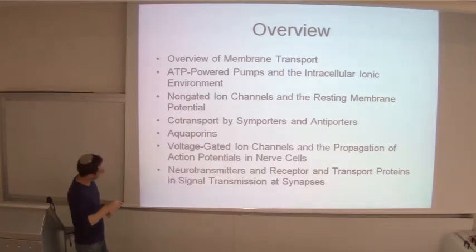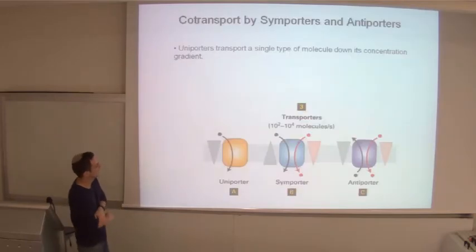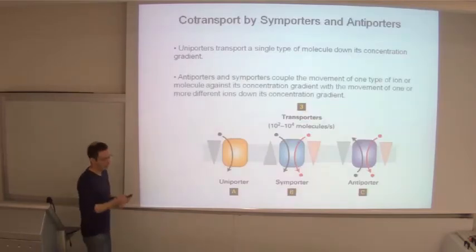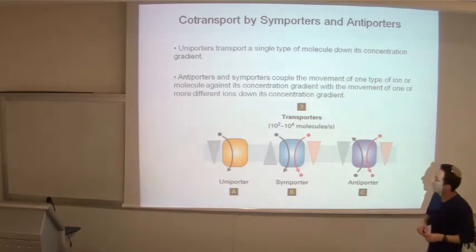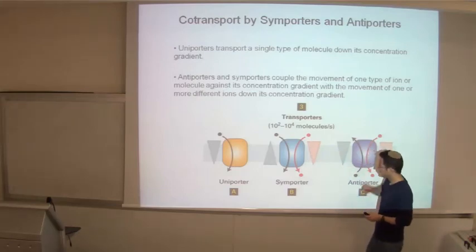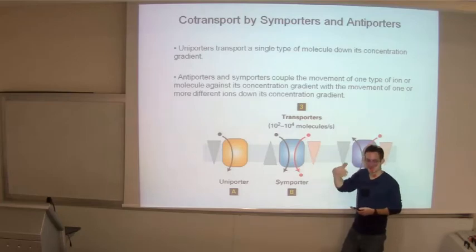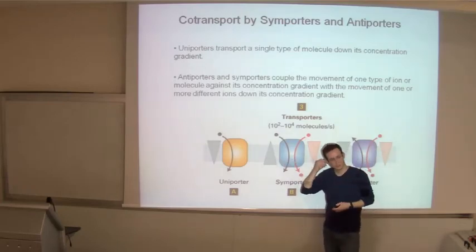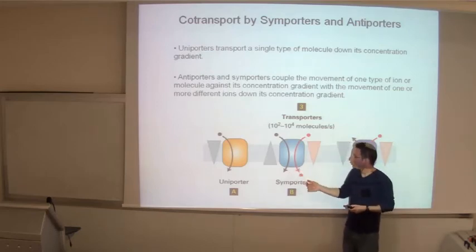Let's start with co-transporters that are either symporters or antiporters. Some transport molecules can transport single molecules, and some of them transport 2 molecules, and always use the energy stored in the downhill movement of 1 ion, downhill in its concentration gradient, coupled to the movement of another ion up its concentration gradient.